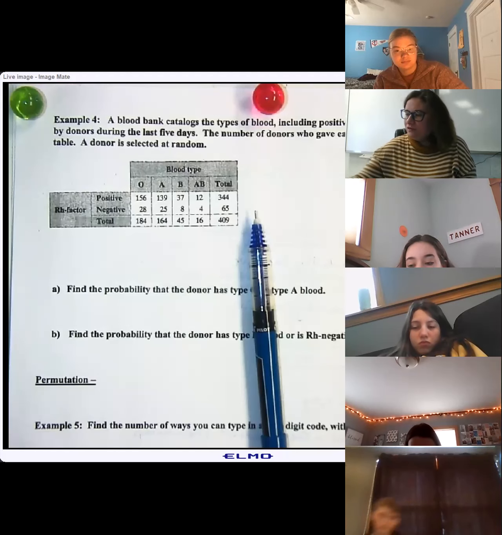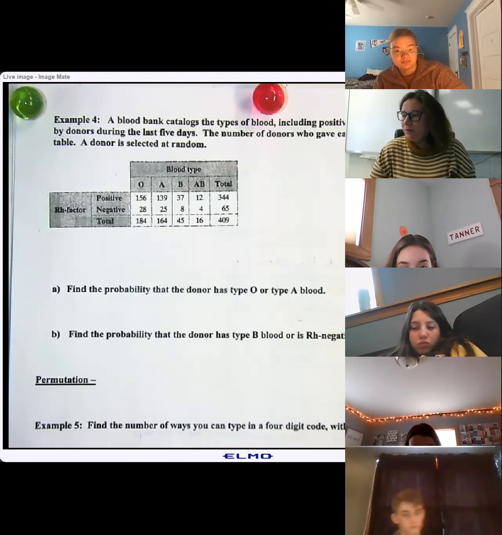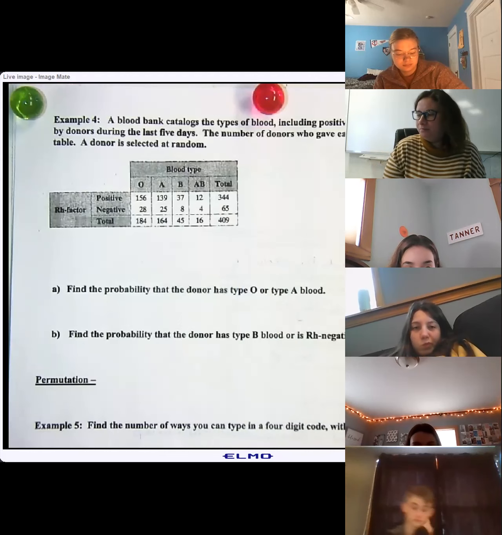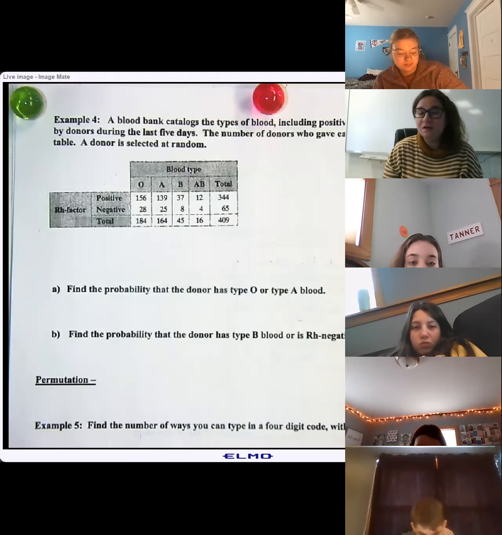Okay, so you need to find the probability that a donor has type O or type A blood. And type AB is not counted as type A blood, just so everybody knows.